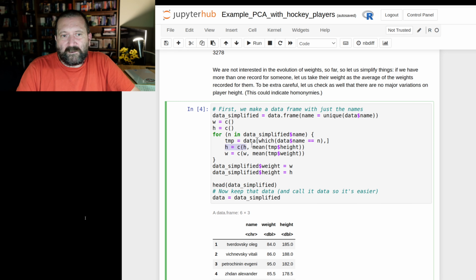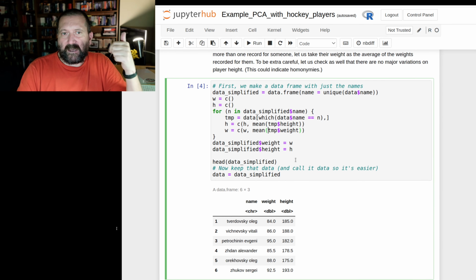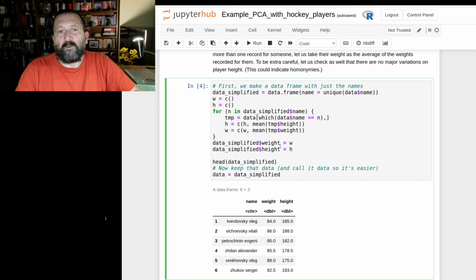And then all I do is add to these vectors that were initially empty the mean height and mean weight that I've computed. Once I have that, I have a mean height and a mean weight for each individual player. And I add this to the table, by saying that the height and the weight are these values that I just computed.